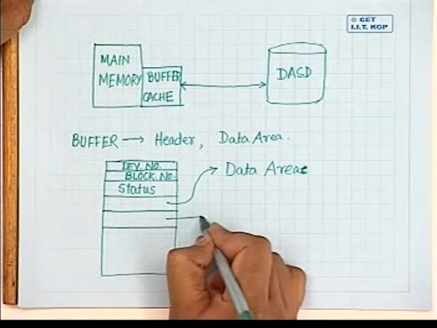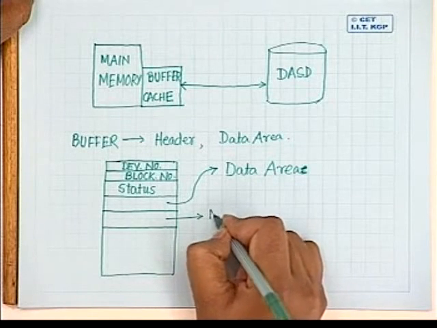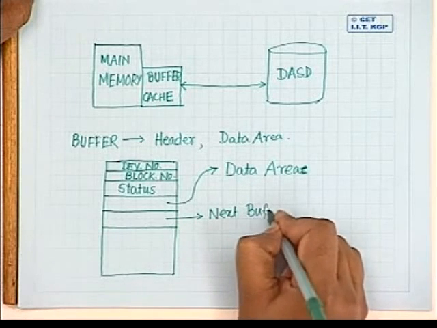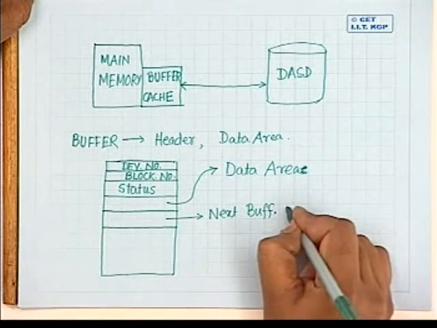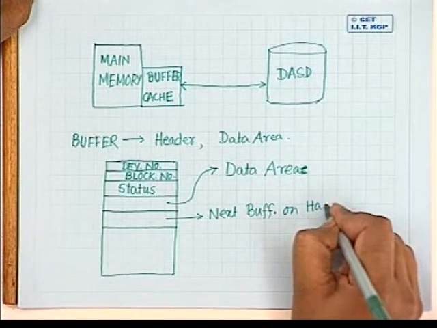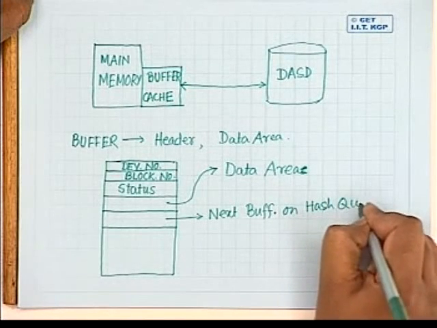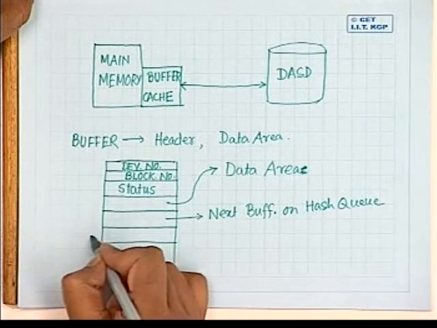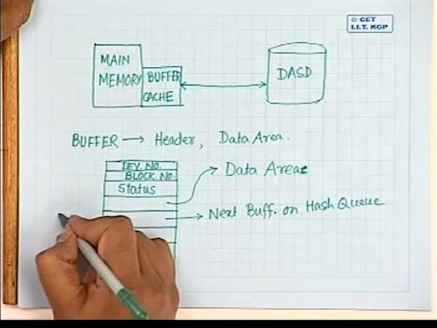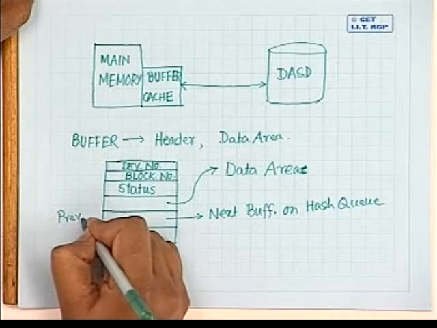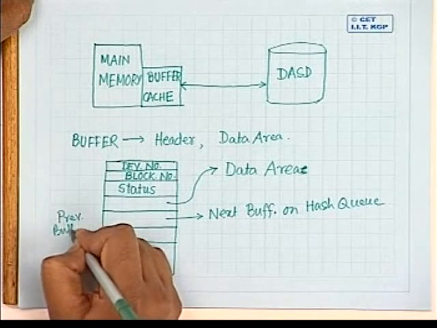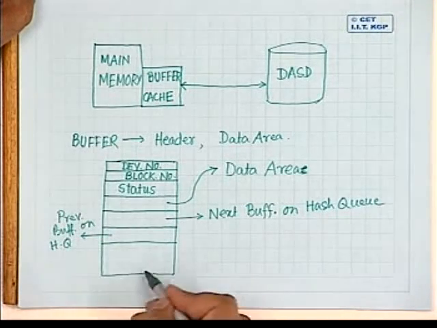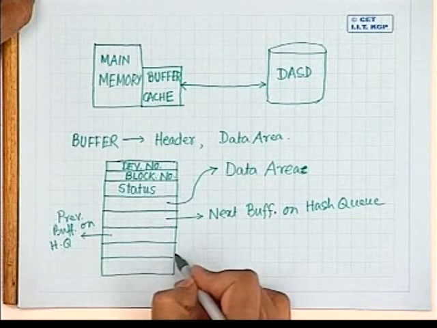The other pointer will point to the next buffer in the hash queue. I'll come to why this hash queue is needed. The next pointer is pointing to the previous buffer on the hash queue. Okay. I have two more pointers.